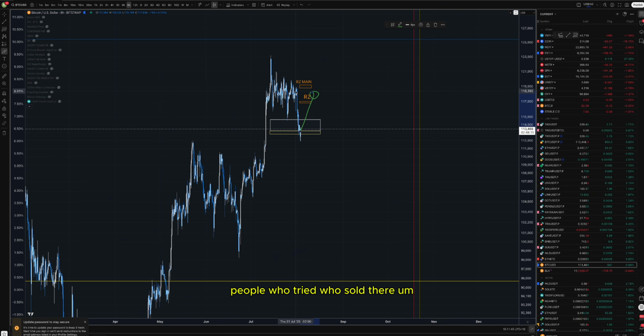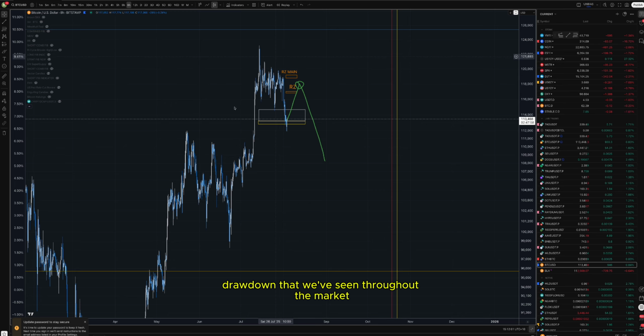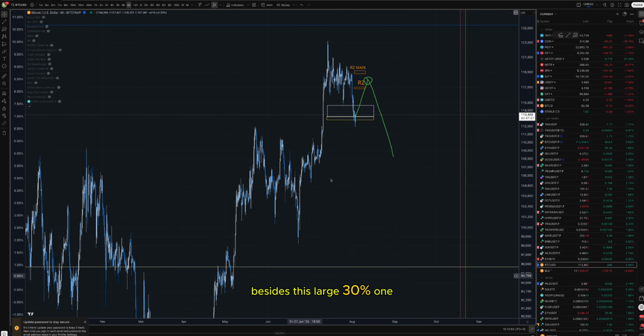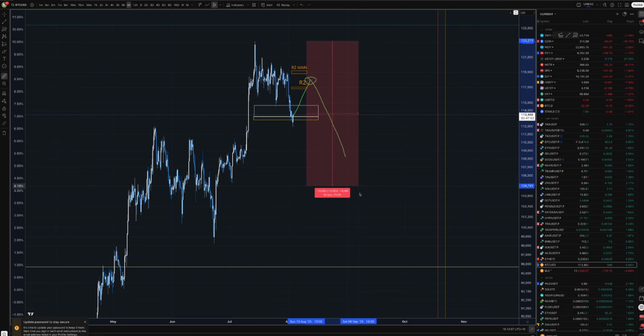People who sold there might be trying to buy, etc. A lot of activity has occurred in the area, but once we reach that level, I do suspect there is a larger decline. Let's give it the average drawdown that we've seen throughout the market, besides this large 30% one. Let's say it goes down 20% before it goes back up.